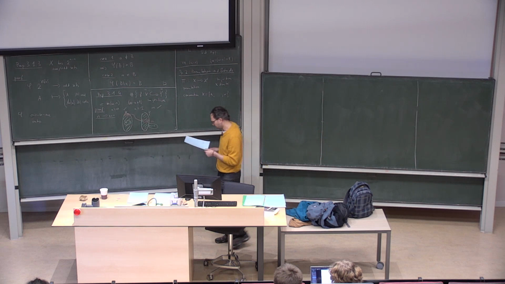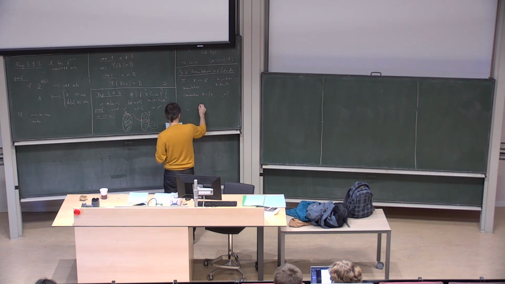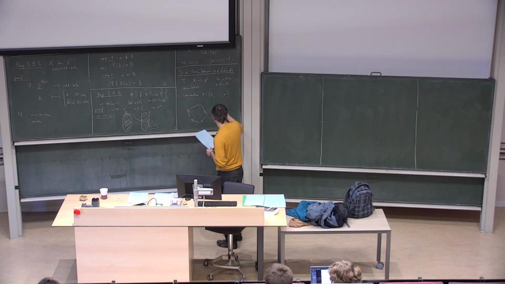And so we have then cycles. I'll draw here some nice cycles. So there are ways to represent permutations.